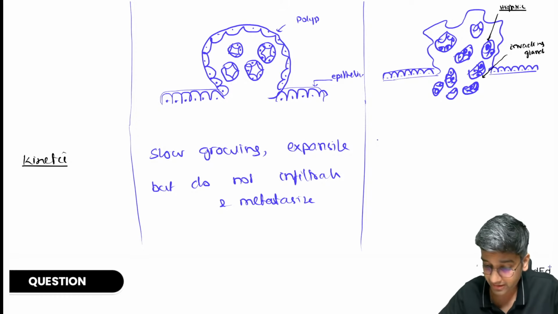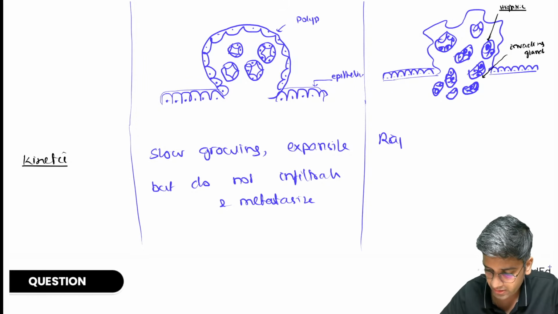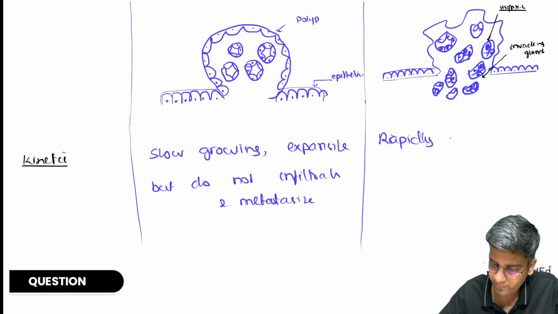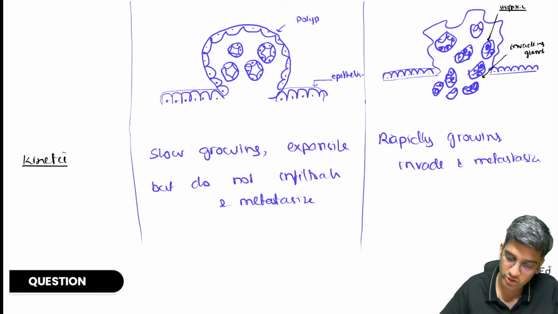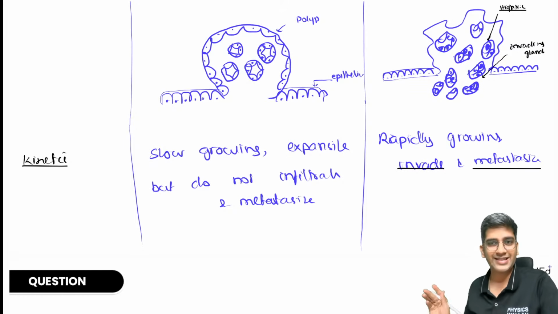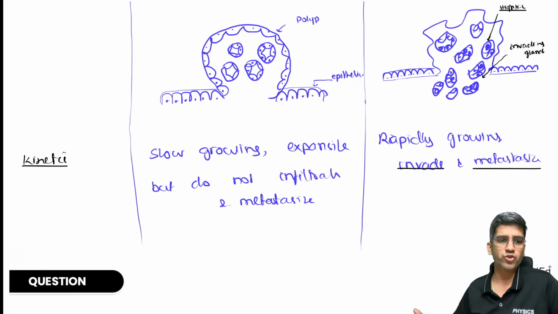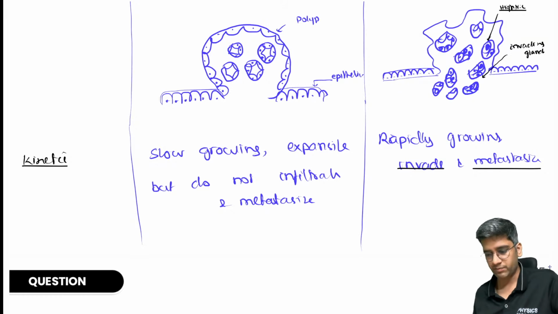Malignancies are rapidly growing tumors, but definitely they will invade and metastasize. Like I said, what is important for me is I need to underline or highlight whatever I want the examiner to see. That's about the kinetics of the tumor. That's it. Fine? As simple as that.